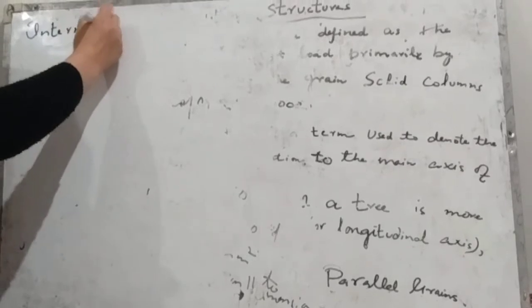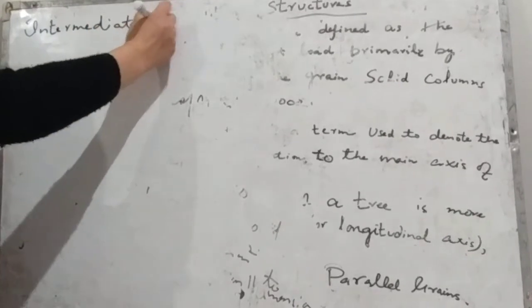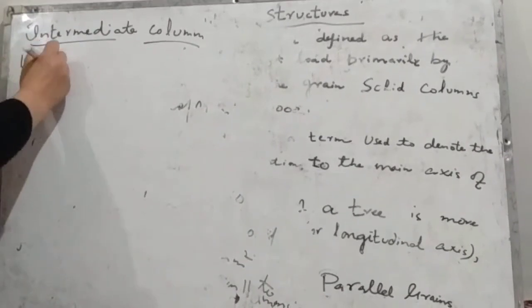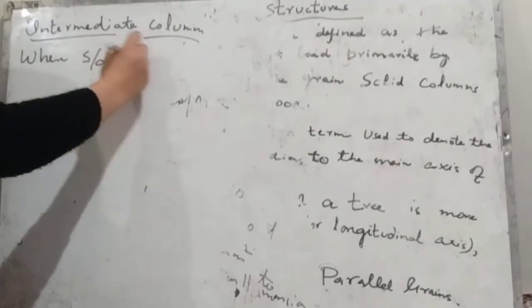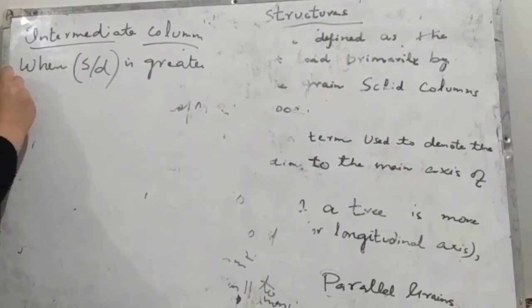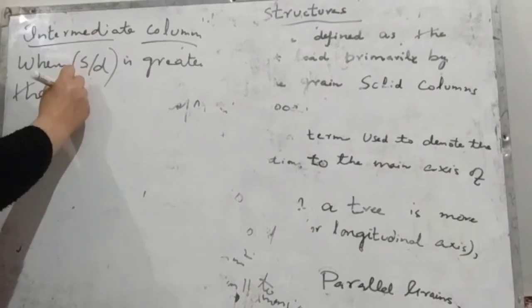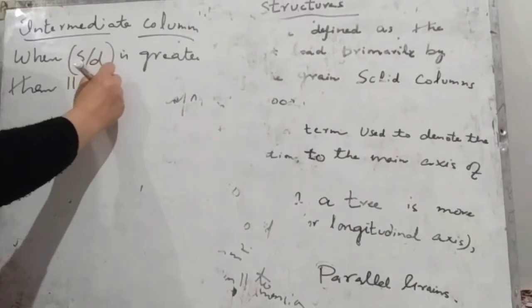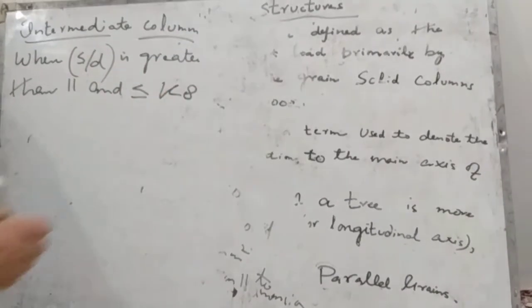Intermediate columns are defined as the columns when your slenderness ratio, that is S by D, is greater than 11 and less than or equal to K8. It's known as intermediate columns.